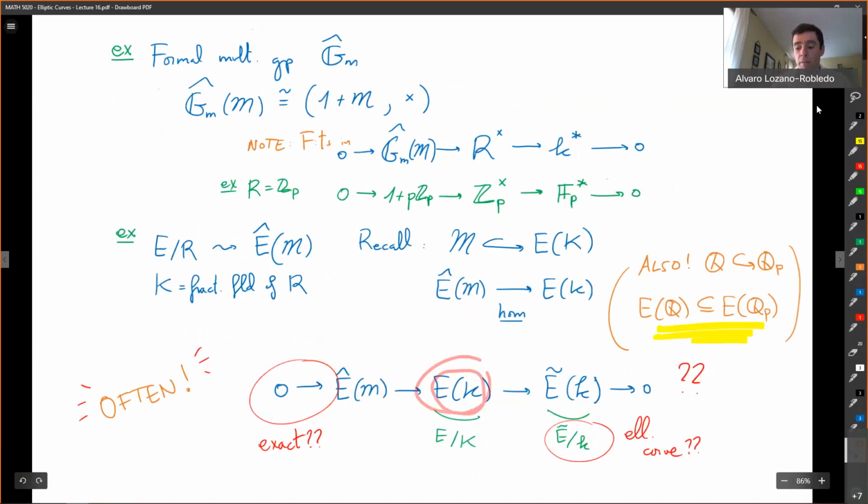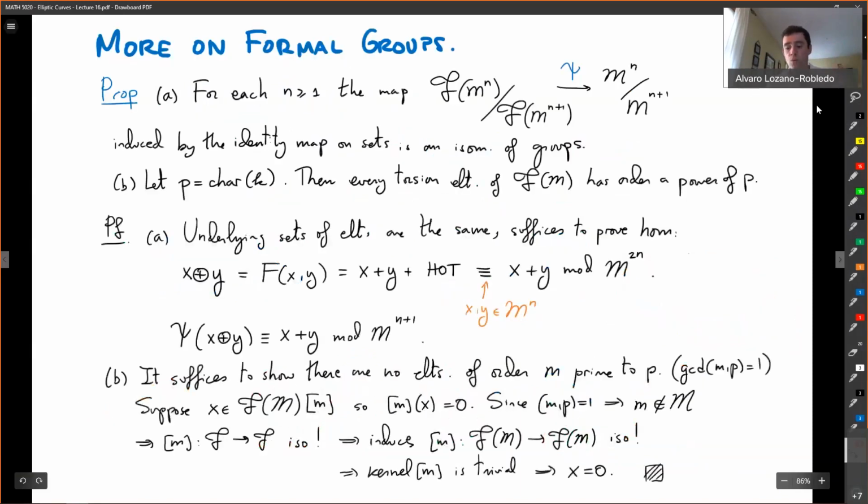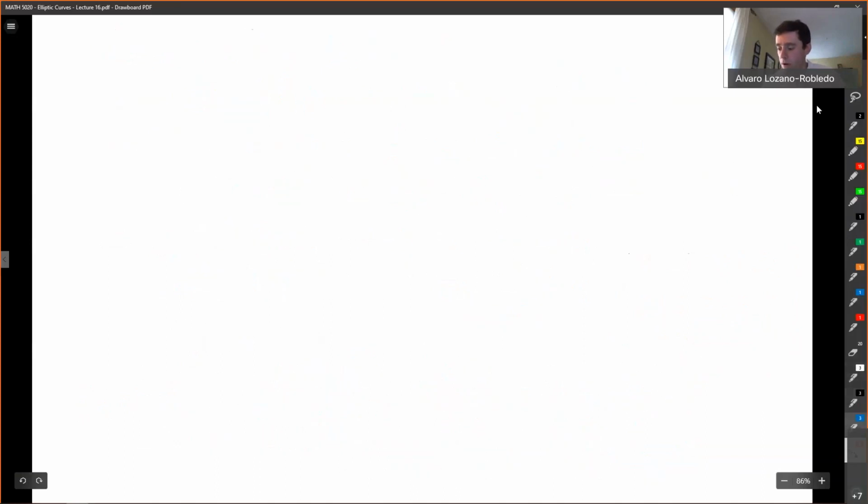So there may still be some p power torsion here, or prime to p torsion here, but it's not coming from here. So we are sort of analyzing chunks of this exact sequence one at a time, and then see where the points of finite order would be. All right. So now let me talk about the invariant differential.